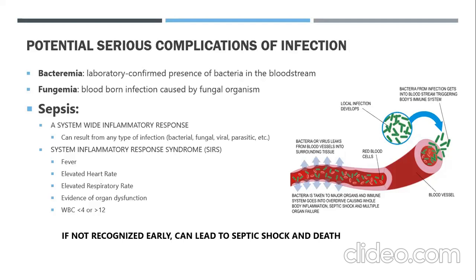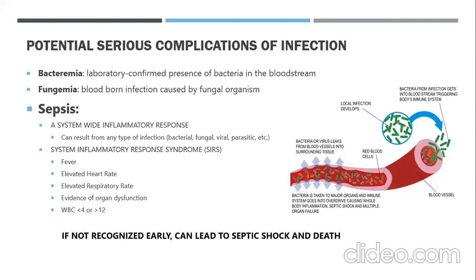SIRS, systemic inflammatory response syndrome, which is basically sepsis. The criteria include evidence of a fever, an elevated heart rate greater than 100, an elevated respiratory rate, and any type of evidence of organ dysfunction. So say they have a fever, their BUN and creatinine are elevated, and they have an infection. We know they have an infection, a fever, and organ dysfunction, so they're septic.